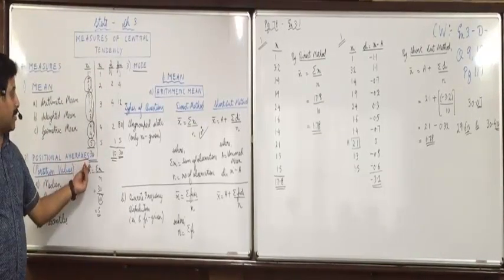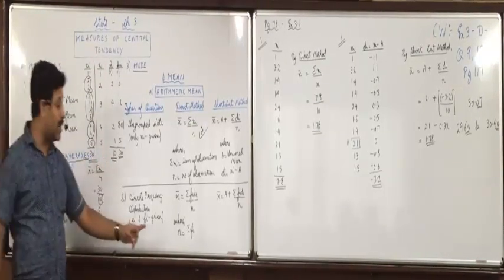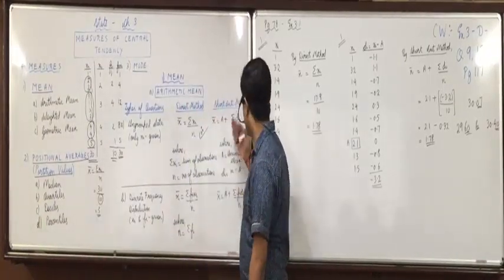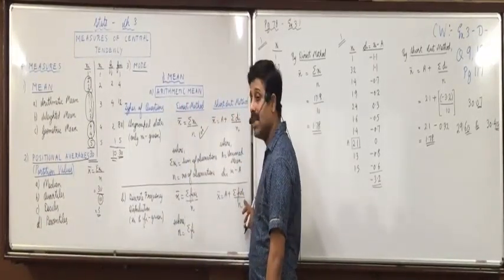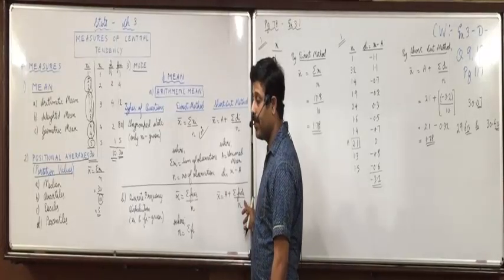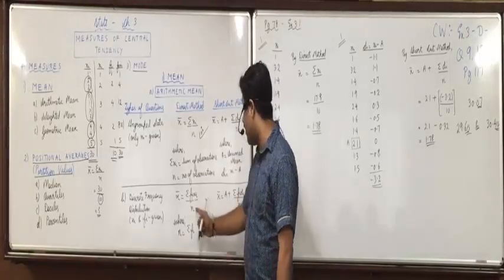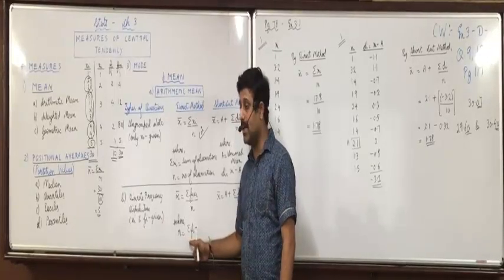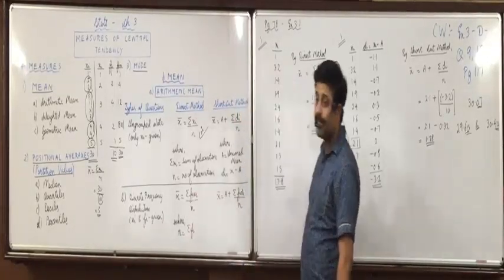So the same thing in a frequency distribution, the formula becomes sigma fi xi upon n. And in the same way in the shortcut, instead of di it becomes sigma fi di. In a frequency distribution, n will always be the total of frequency. Understood that? Write it down.